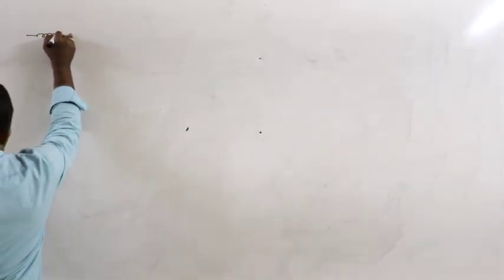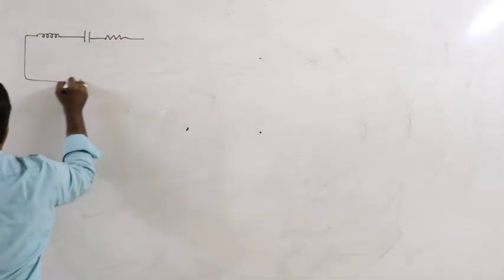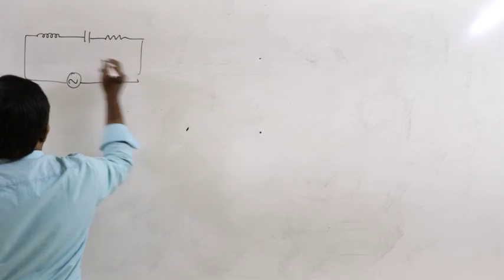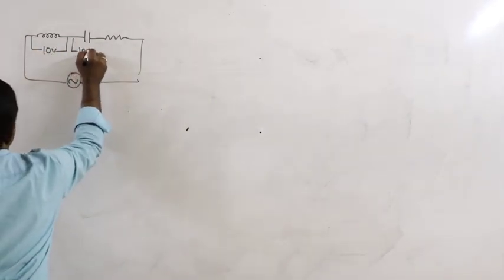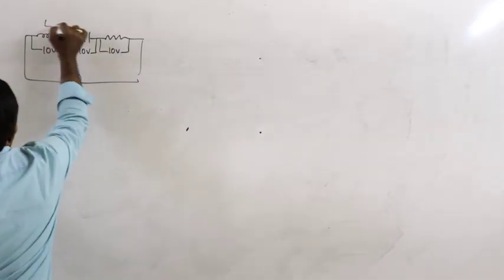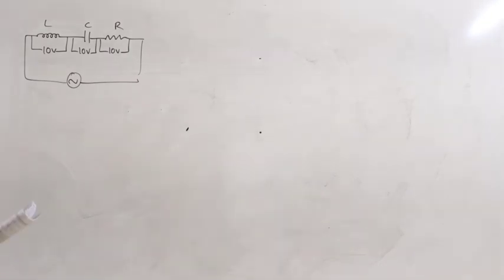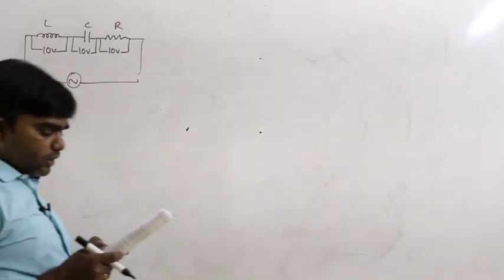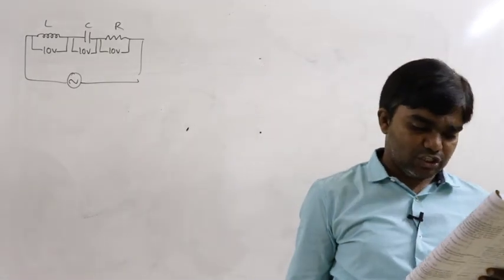So here, LCR circuit, this is the L, this is C and this is R. This is the alternating potential. Across this is 10 volts and this is also 10 volts. In a series LCR circuit, the voltage across the resistance, capacitance and inductance is 10 volts each.